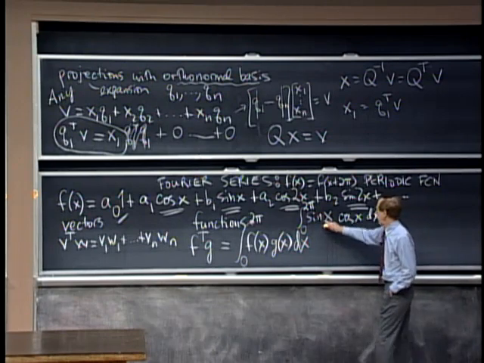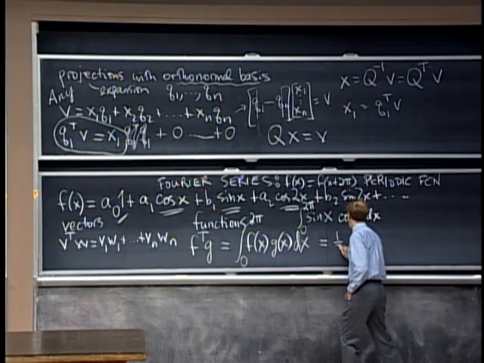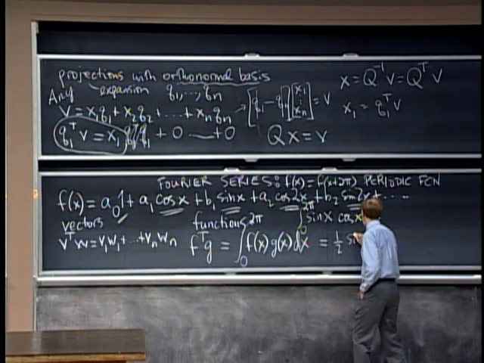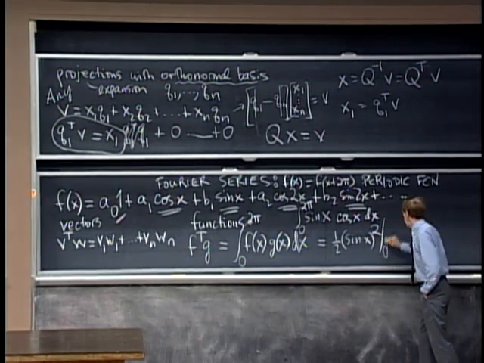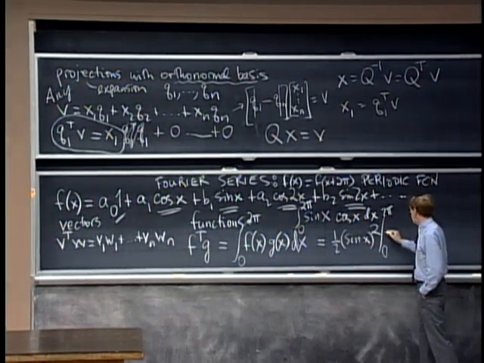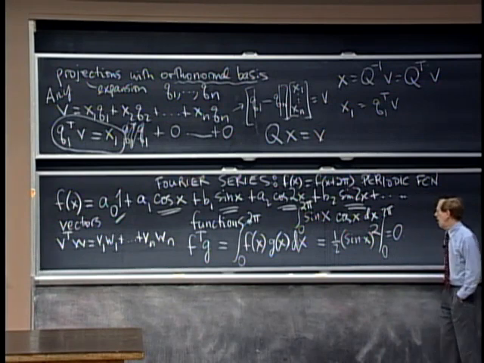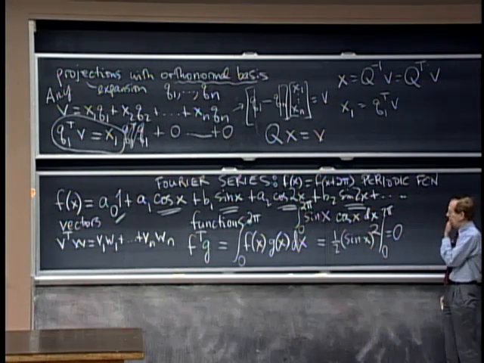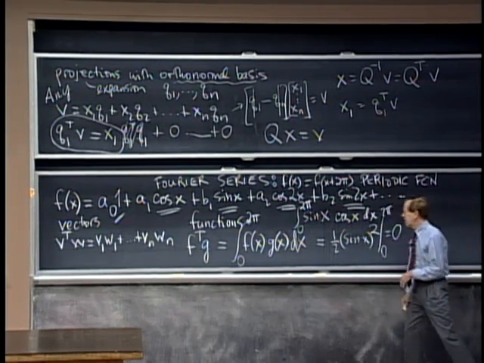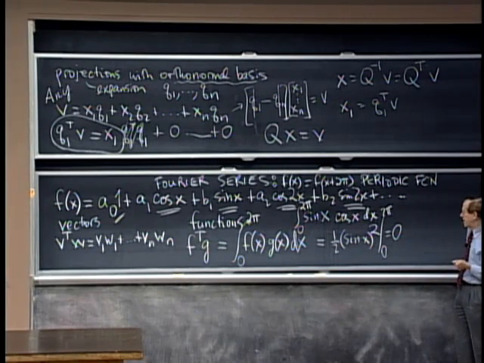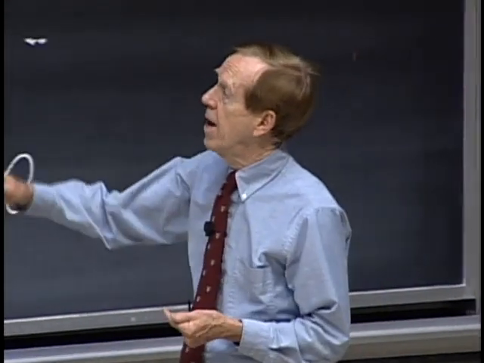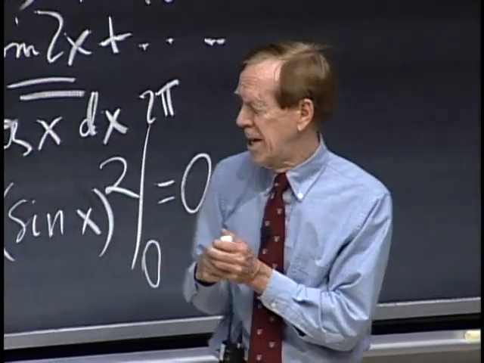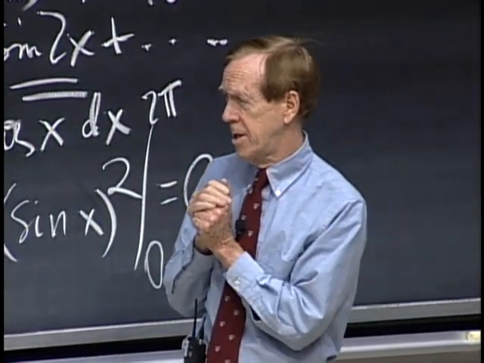That's the differential of that, so it would be 1/2 sine squared x, between 0 and 2 pi. And, of course, we get 0. And the same would be true, with some trig identities to help us out, of every other pair. So we have now an orthonormal infinite basis for function space.